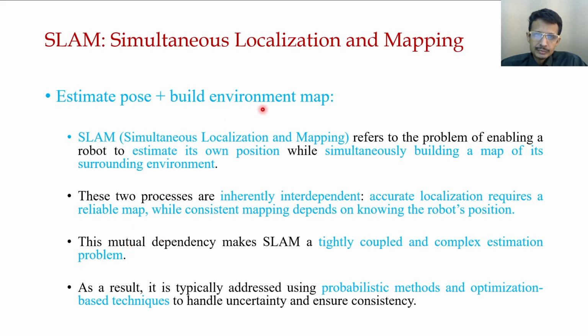The two basic agendas, pose estimation and environmental map building, are very tightly coupled, meaning they are very much interconnected. So as a result, it is typically addressed using probabilistic methods and optimization based techniques to handle uncertainty and ensure consistency. That's the basic idea of SLAM.